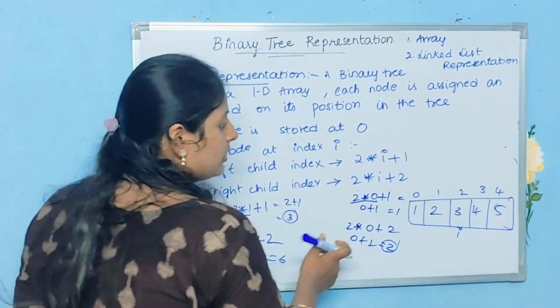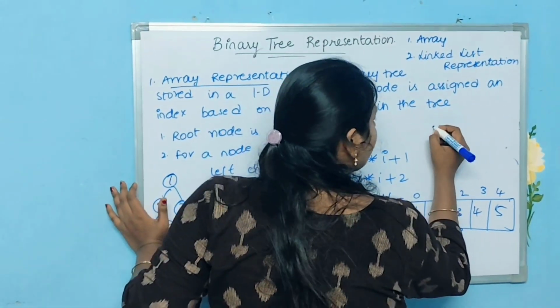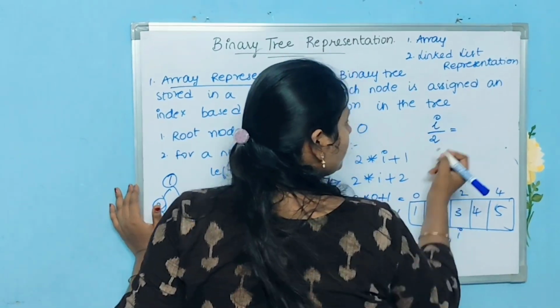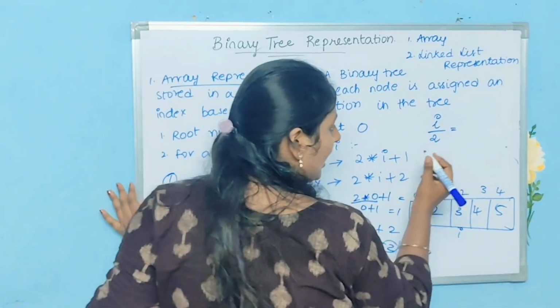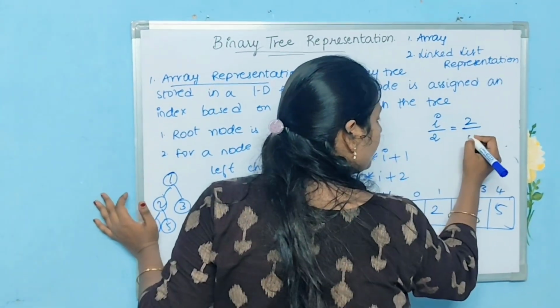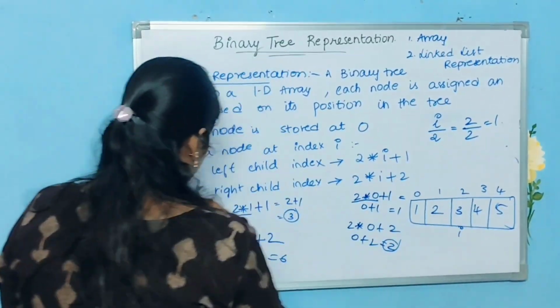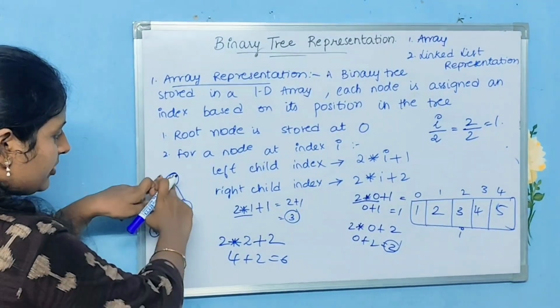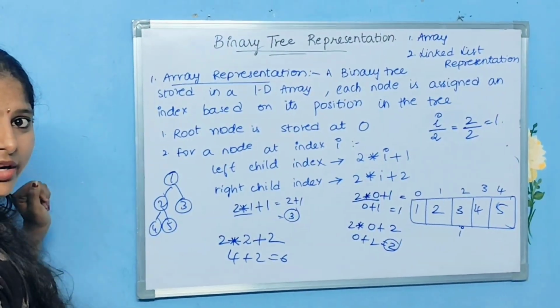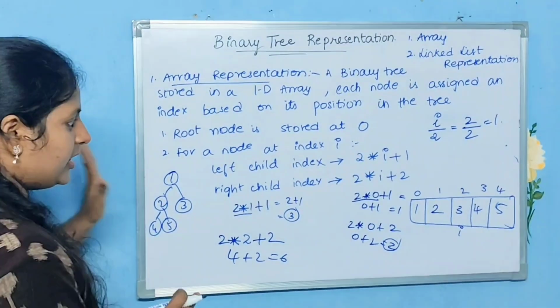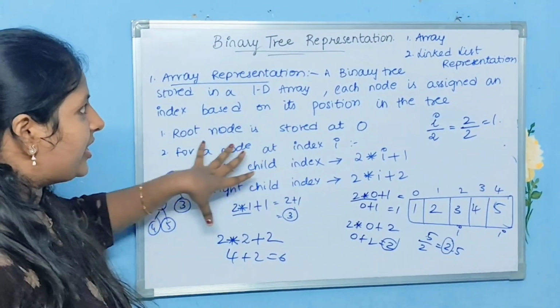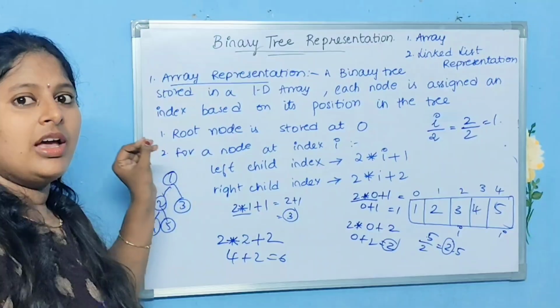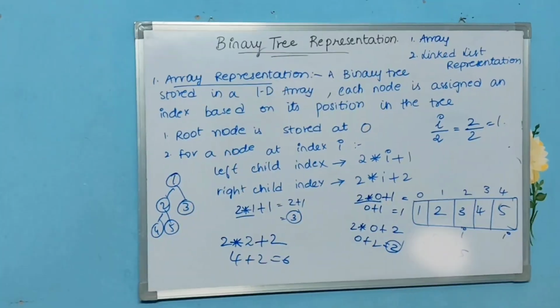That is I by 2. What is my I value right now? 2 by 2 equals 1. So 3's parent is 1. It is satisfied. This is how you represent the binary tree in arrays.